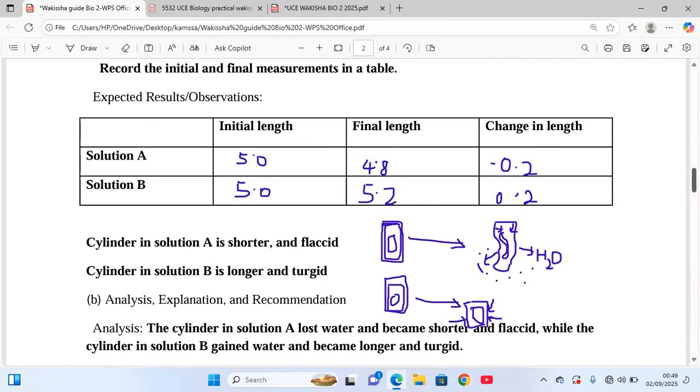For example, my initial length was 5 centimeters, and then the final length. The initial length is 5 centimeters. These values are in centimeters. The same applies here.